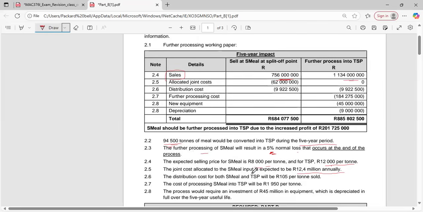S-meal is the one that goes into the process. This one will just go to further processing. So how much are the joint costs that go into S-meal here? 12.4 million annually. Remember, this is a 5-year period, so it's 12,400,000 times 5. Is it correct, the one that was provided there?